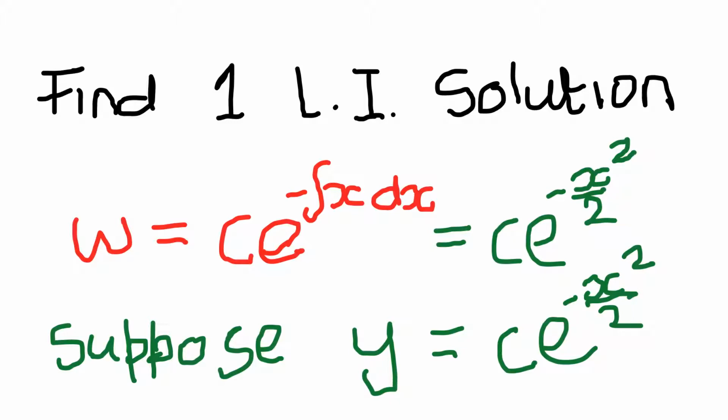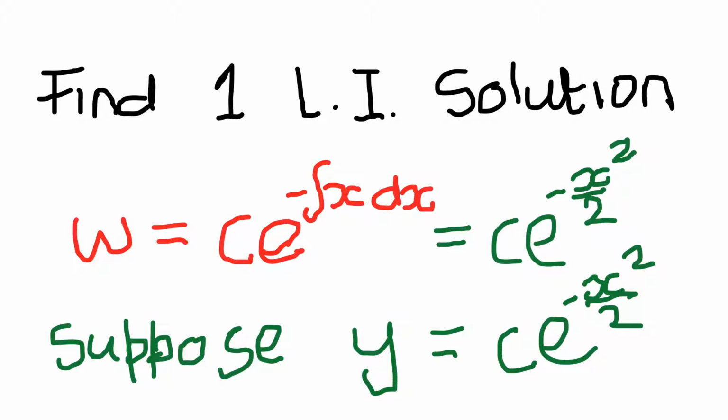So you will see here that I've put the Wronskian equal to some constant times e to the minus the integral of x dx, and of course that integrates to give c e to the minus x squared over 2. What we do now is, we don't know for sure whether this Wronskian can actually be used as a linearly independent solution.